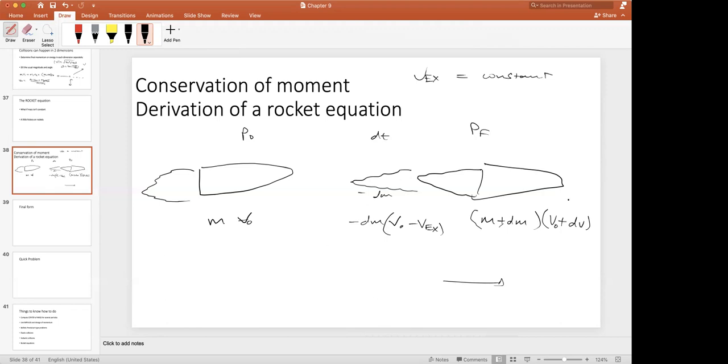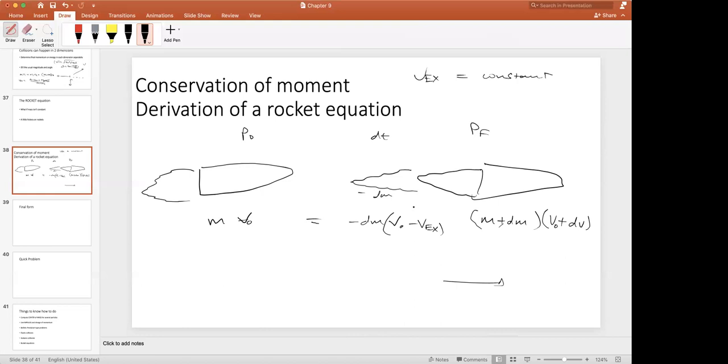As this stuff leaves, it's still traveling with the same speed as the rocket, minus the speed that it's being ejected at, right? So if V exhaust was less than the rocket's, you would actually see it trailing with the rocket. It would appear to be going left to right, even though it was leaving the rocket. So just know that that's true.